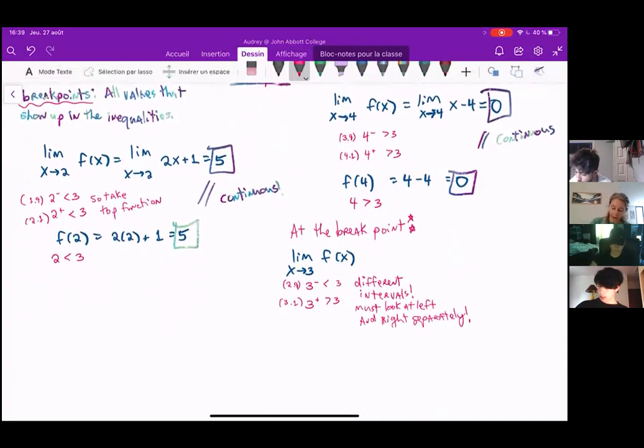So I'm going to look at the limit as x approaches 3 from the left of the function and the limit as x approaches 3 from the right of the function.